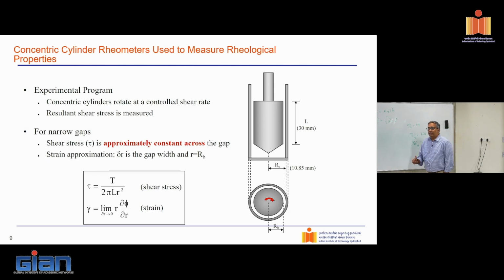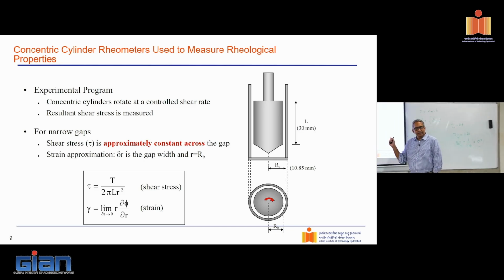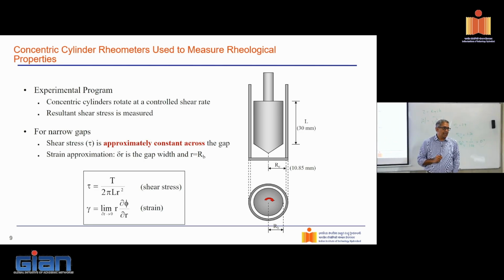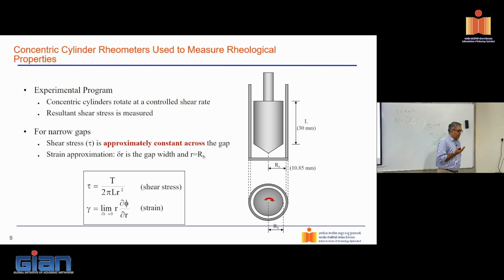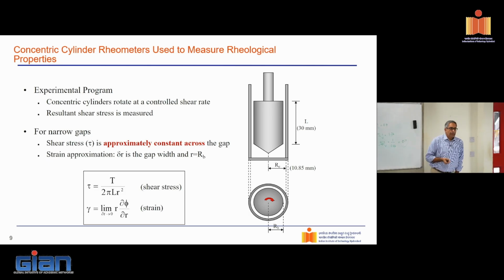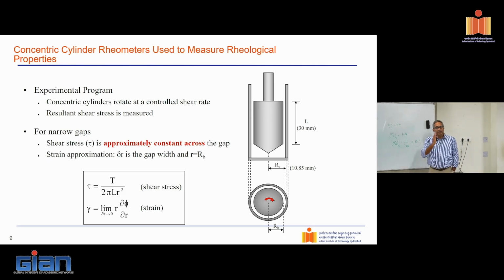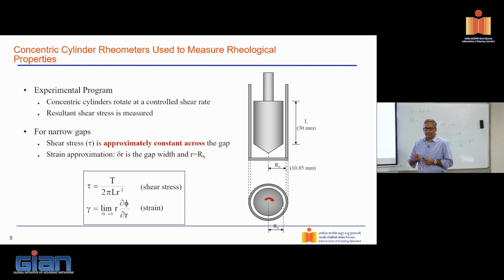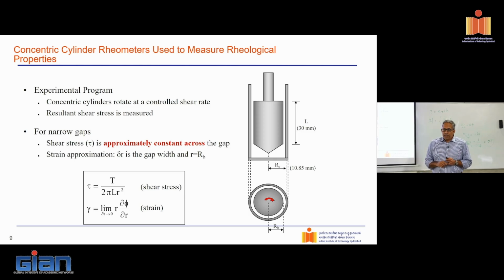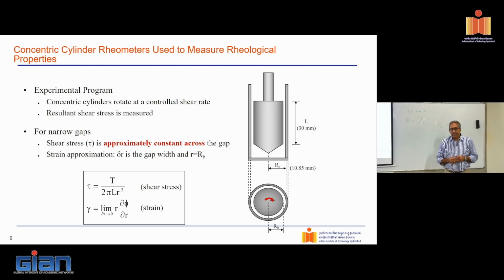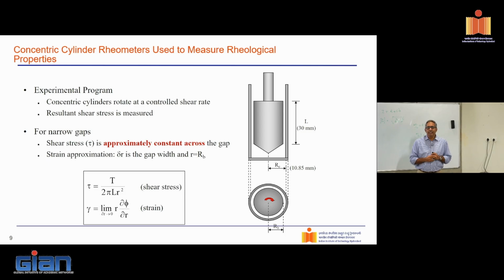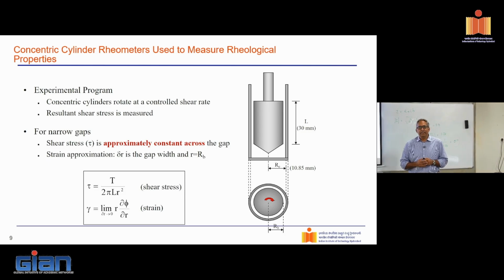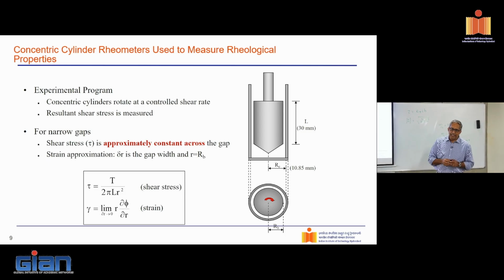So far we've seen two setups. One is a parallel plate, the other is a concentric cylinder. These are called geometries. So whenever you're doing rheological measurements, you have to be very clear about which geometry you've used to measure it. You cannot just report some value. You have to talk about which geometry was used, because the real experts in rheology would expect certain peculiar behaviors from certain geometries, and I'll show you that in a minute.